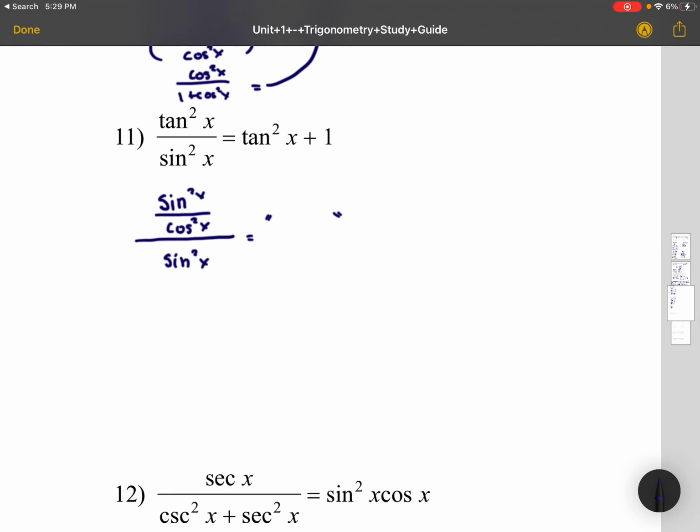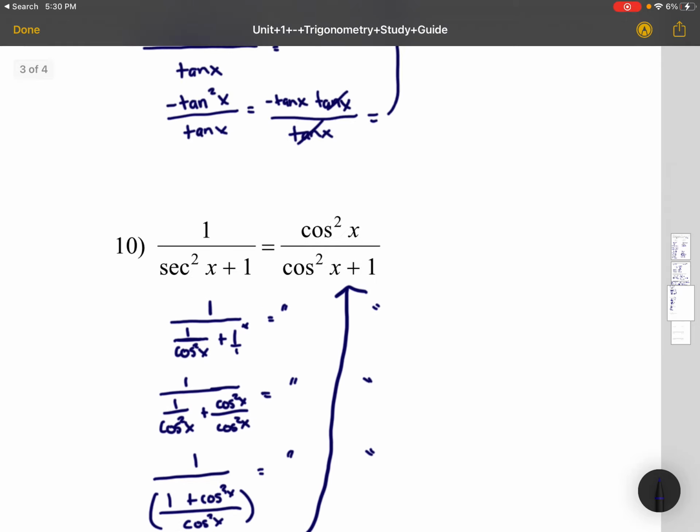So we can multiply this and turn it into sine squared x divided by cosine squared x times sine squared x, and the sine squareds cancel, so we get 1 over cosine squared x. And we know 1 over cosine squared x is actually equal to secant squared x.